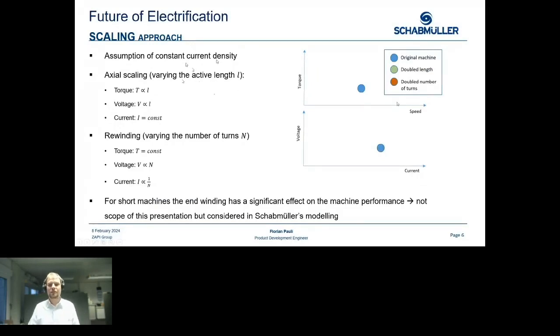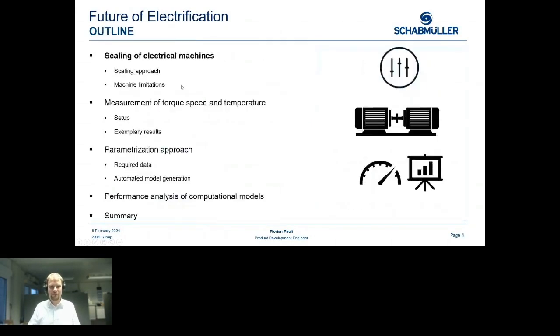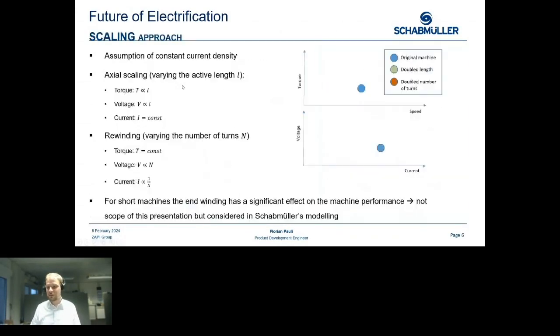So now if we assume a constant current density, what happens if we double the length of the electric machines? For extra scaling, it is known from basic machine equations that the torque will be proportional to the length. The voltage will also be proportional to the length, and the current will remain constant.